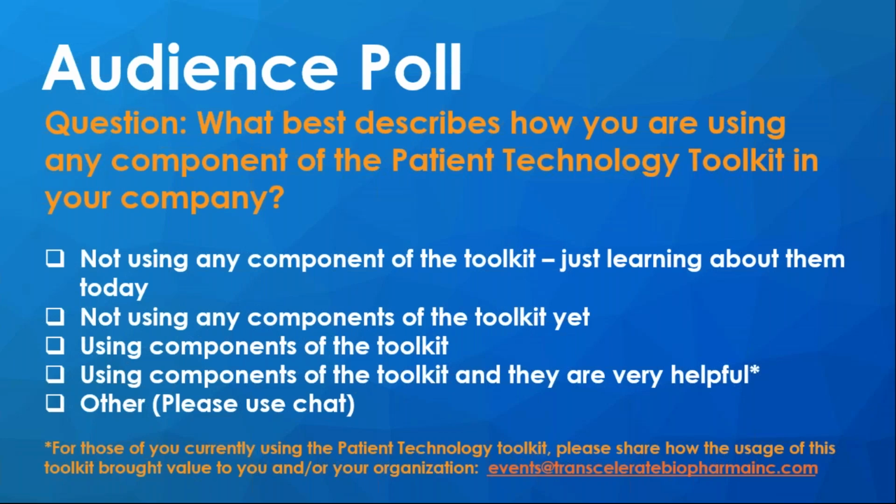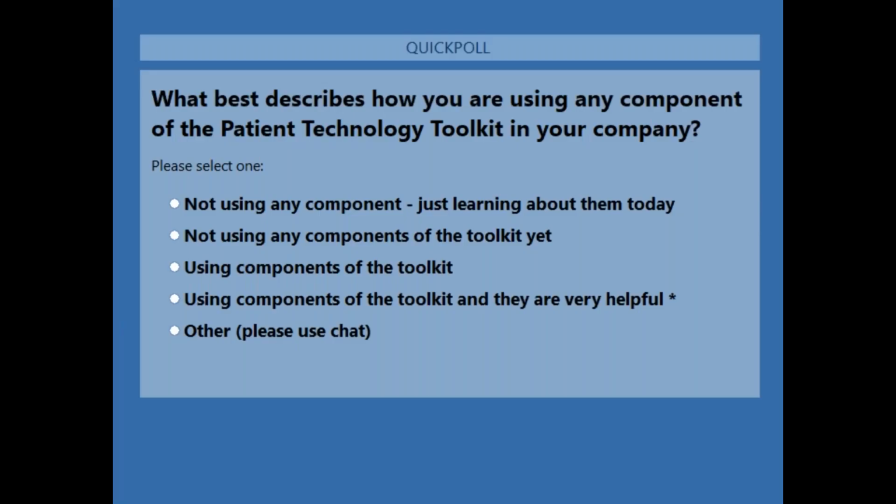So our first question for you is, what best describes how you are using any component of our technology toolkit within your company right now? So I'll give it another second. And we have about 40% of the voting in right now. Okay, so I'll give everyone a little bit more time.